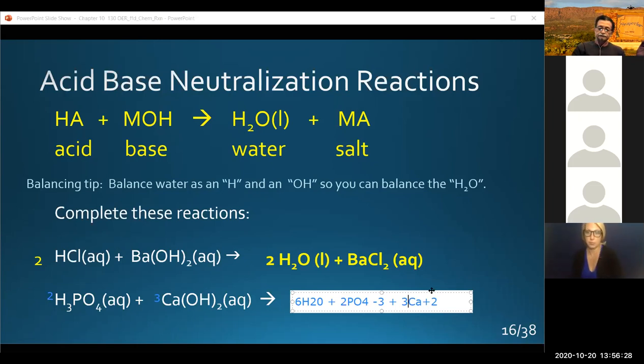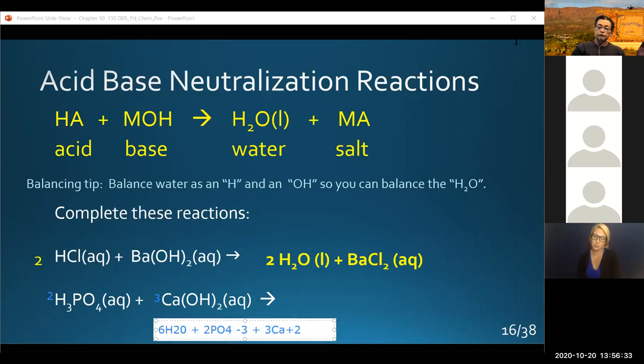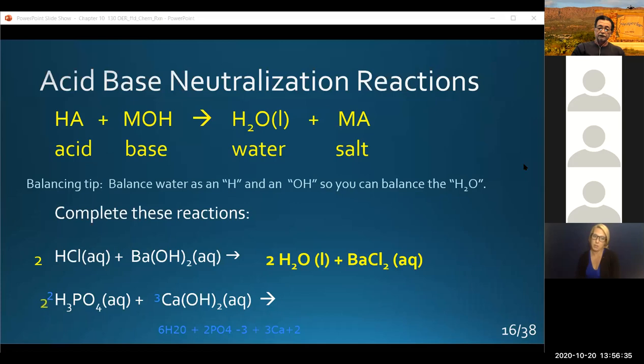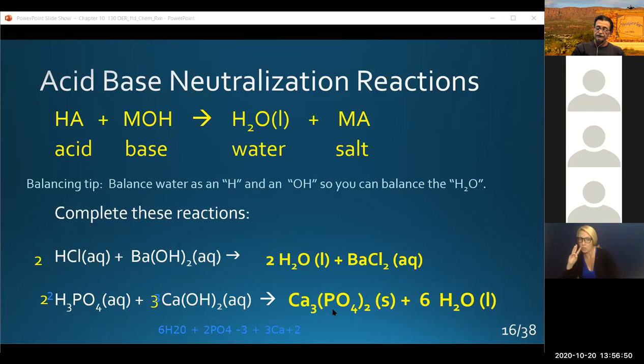Put this over here. And so I got a 2 there, and I got a 3 there because I wanted to balance out the hydroxides and the protons, which gives me 6 waters. And then I broke down the salt as ions.